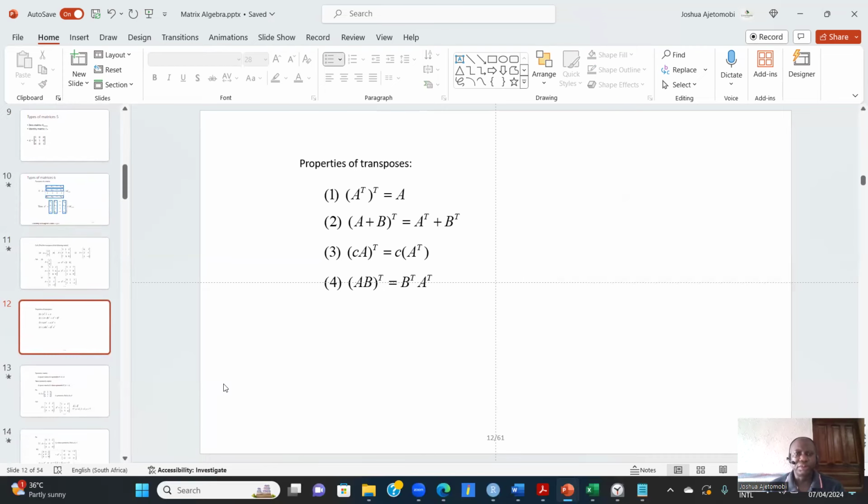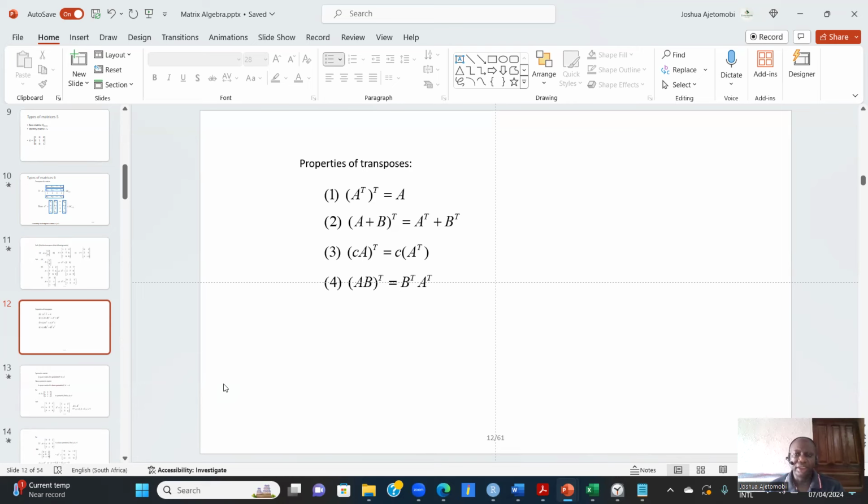In terms of properties of transposes, if you transpose the transpose of a matrix, then you will obtain the original matrix. If you add two matrices together and obtain the transpose, it's as good as adding the transpose of each of them together.